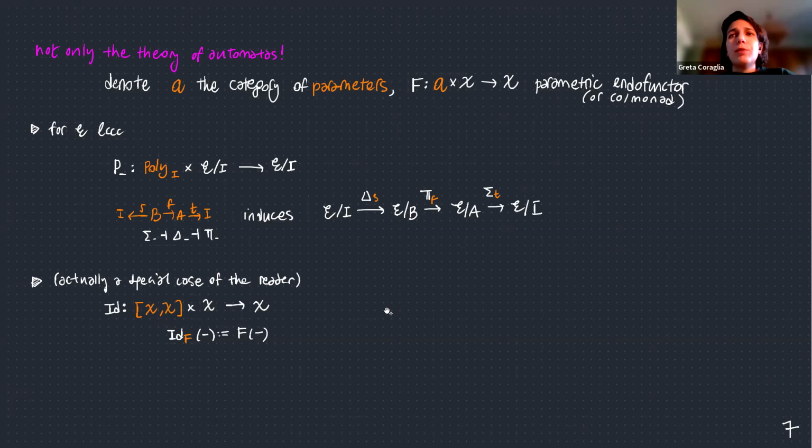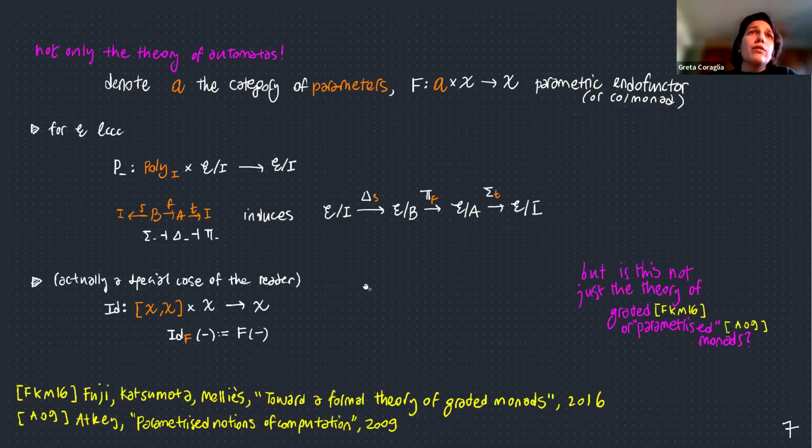You can imagine some more on your own, depending on your area of interest. But this is quite a common phenomenon. And if you try to look into this stuff, you may have encountered the theory of graded monads or the theory of parametrized monads, as in the works that I put here.